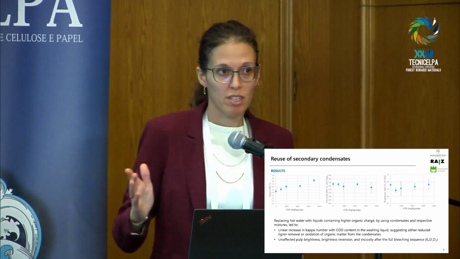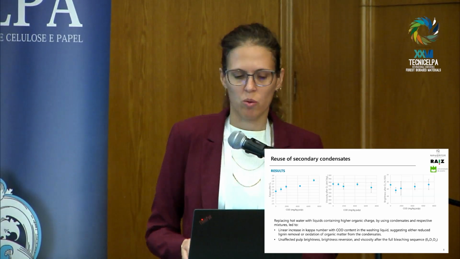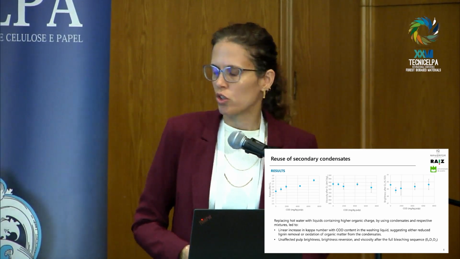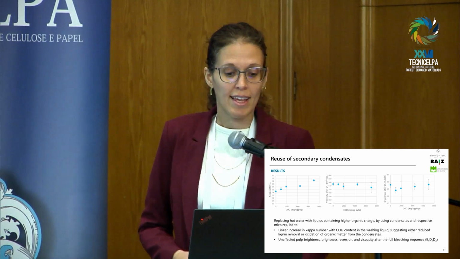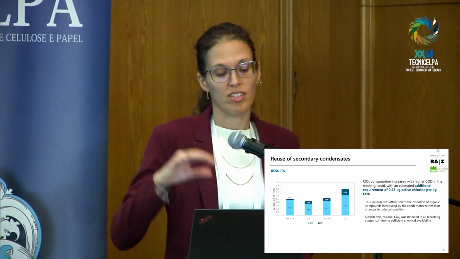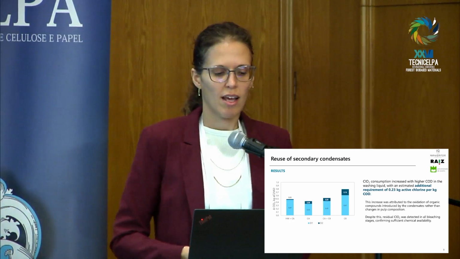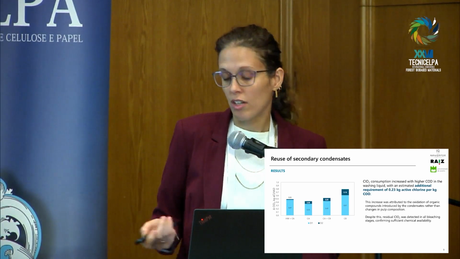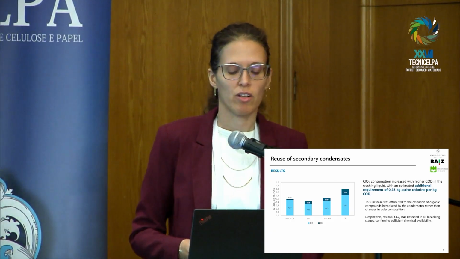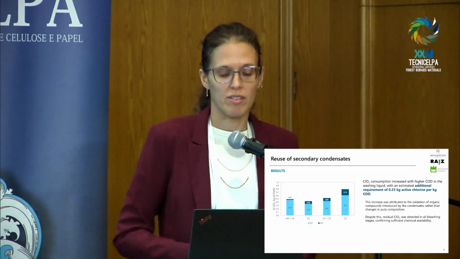So a dirtier washing liquid increased the kappa number after this stage. But after the full sequence, the properties of the pulp were mainly unaffected. So I'm talking about brightness reversion, and viscosity. So that's good news. Then the chlorine dioxide consumption for the 2 chlorine dioxide stages after the alkaline extraction, so after we use the condensates, we concluded that the chlorine dioxide consumption increased because we are spending chemicals in oxidizing the organic compounds that are present in the washing liquid besides the one present in the pulp.